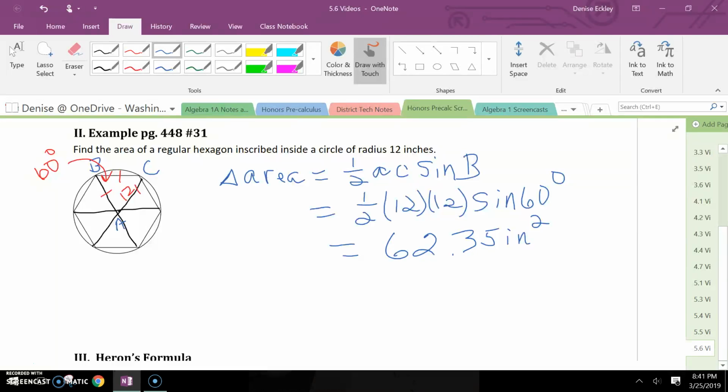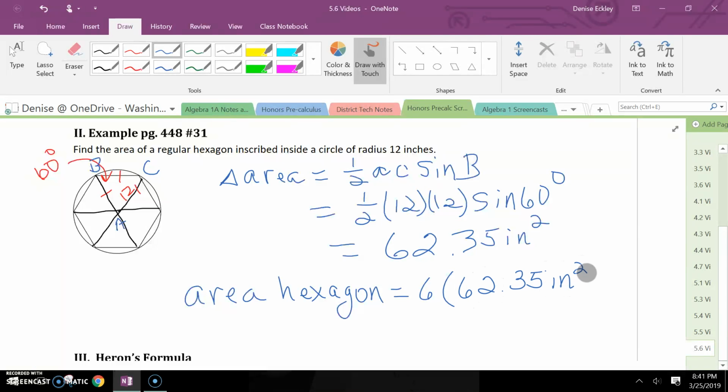And then I just have to find the area of the hexagon, which is just going to be 6 times that. And multiplying that out, I get that the area is 374.1 square inches.